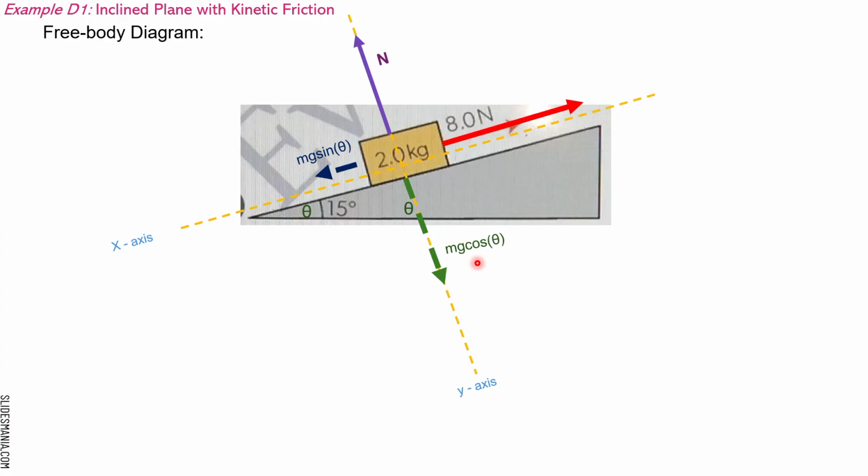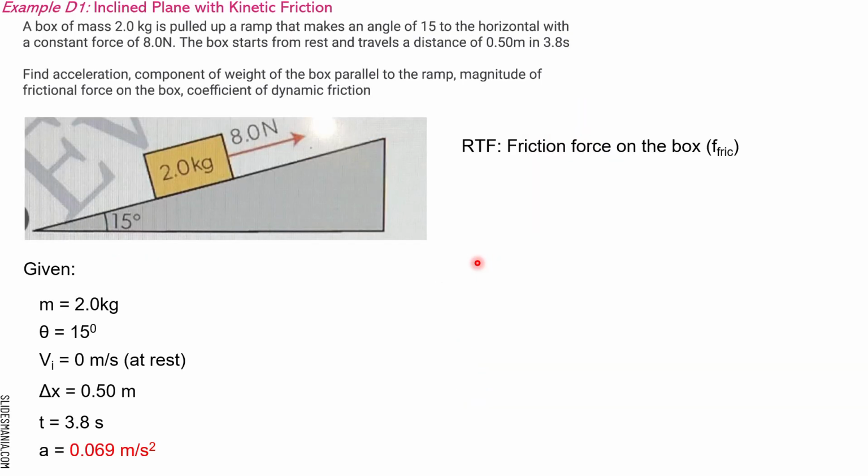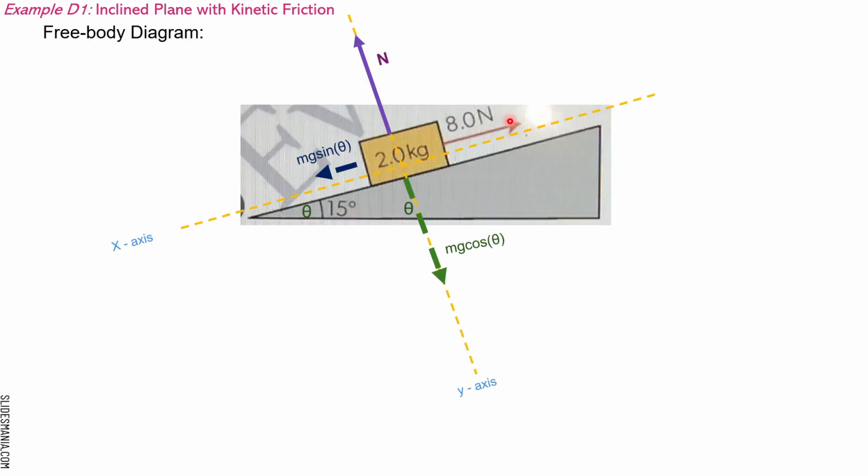Again, it's mentioned in the problem that this box is pulled up a ramp with a constant force of 8 newtons. So we have this red arrow right here. That is the force applied to the box, which causes it to be pulled up. Or the person is trying to pull this box up. That's why we have this F applied, which is 8 newtons.